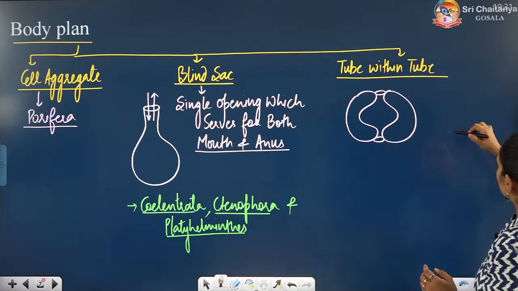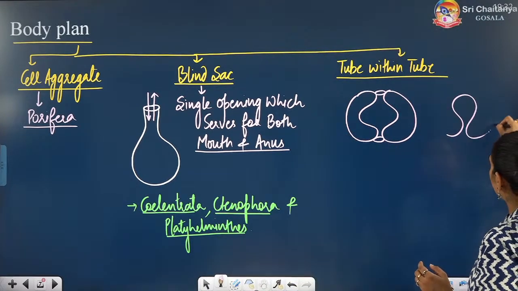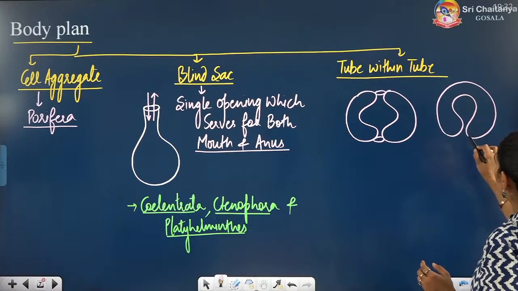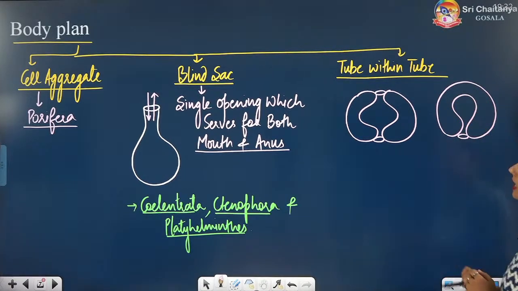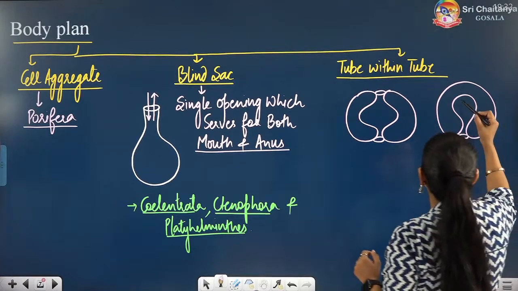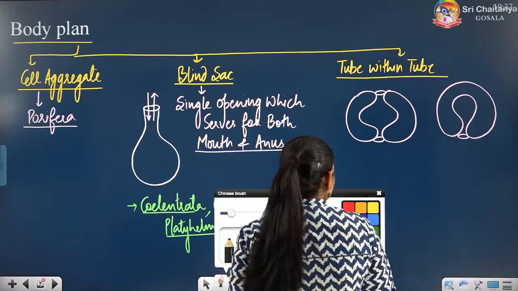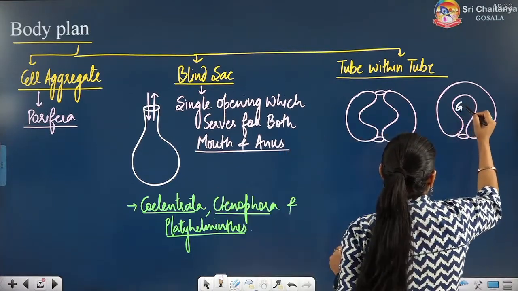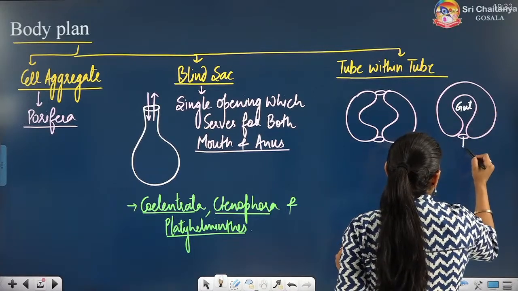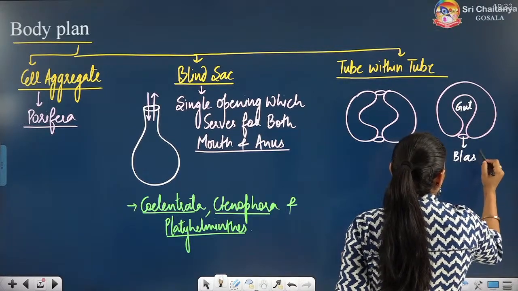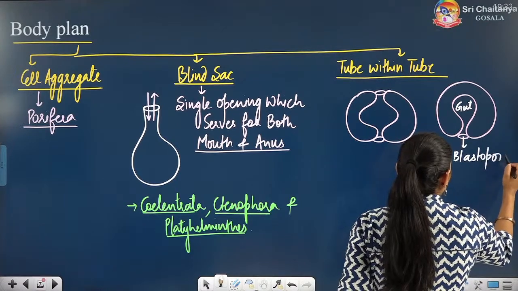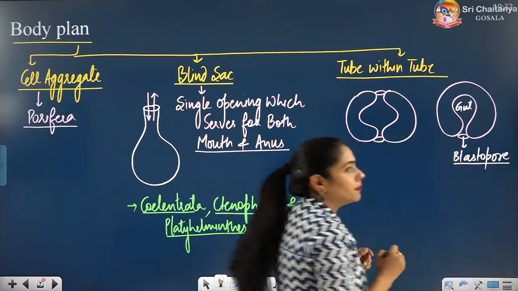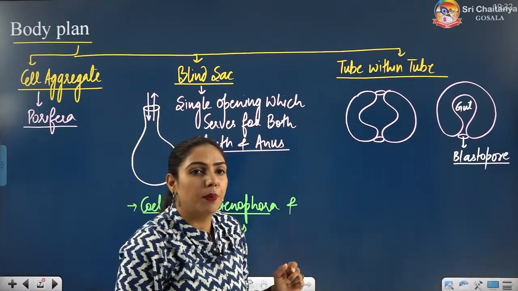If you have seen the diagram of the embryo, the diagram of the embryo looks like this. Yes, here we have seen that this is the gut, and the opening of the gut was known as the blastopore. I have told you this in one of my videos on embryonic origin, blastopore.